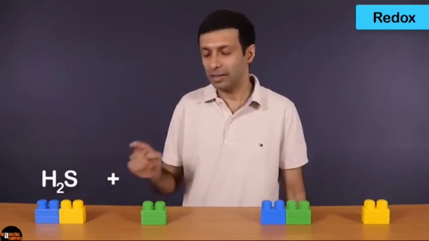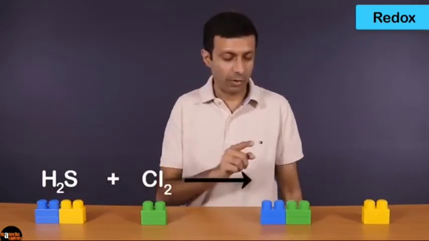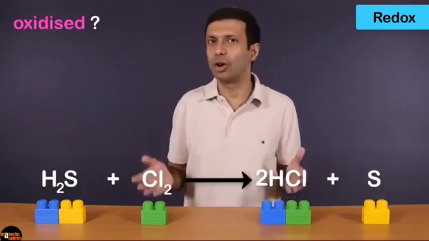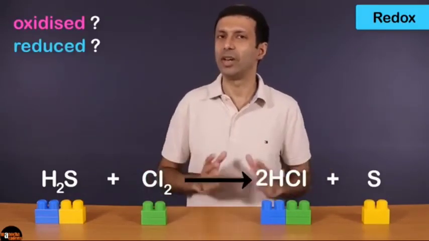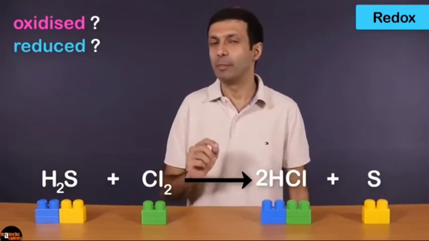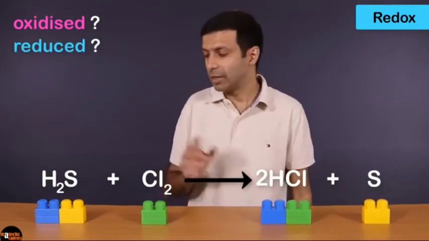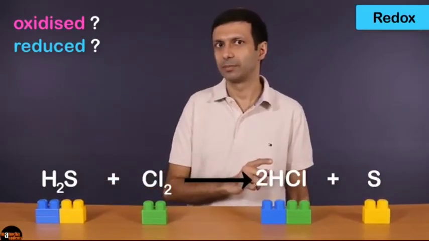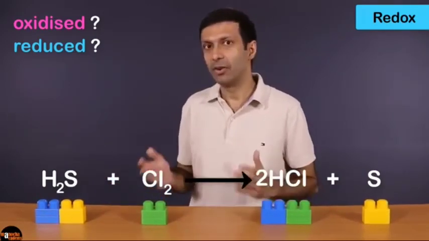Let's look at another example. Hydrogen sulfide and chlorine react to give hydrogen chloride and sulfur. Now who do you think is getting oxidized and reduced in this reaction? Remember, the answer to this question is only the reactants, not the products. So let's take a look at the reactants.